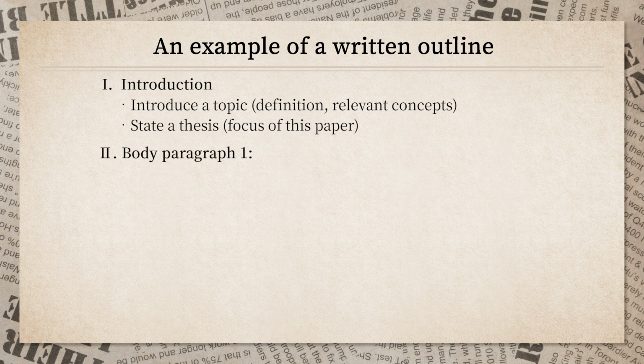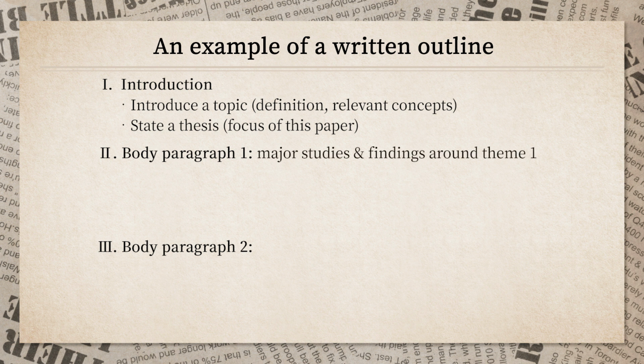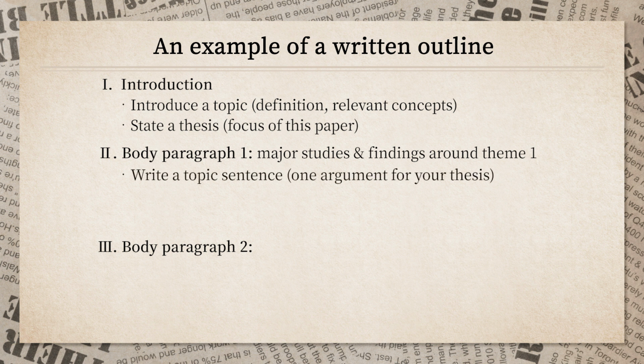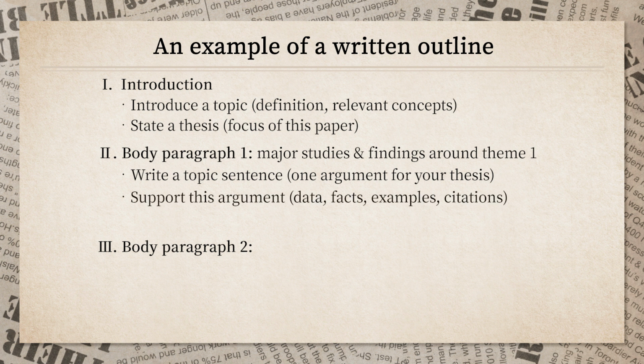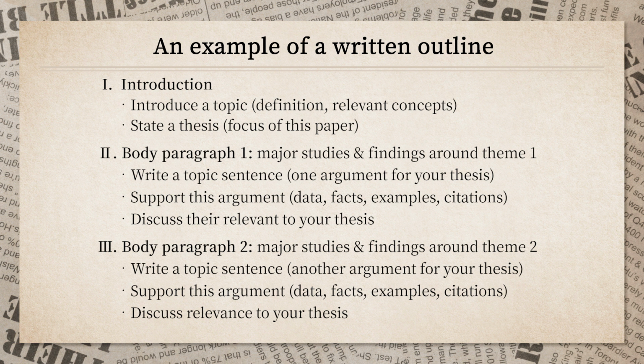And secondly, you have body paragraphs, that could be body paragraph 1, body paragraph 2, and in each part, you should have some major studies and findings around this particular theme 1. To start it, you need to write a topic sentence, and you need to support the argument with data, facts, examples, citations, and you discuss the relevance to your thesis under discussion. And that would be paragraph 1, paragraph 2.